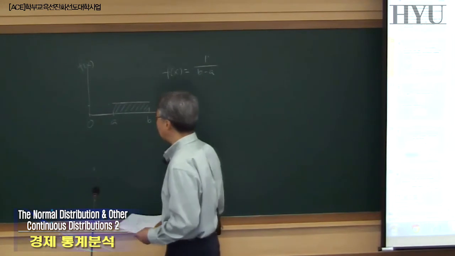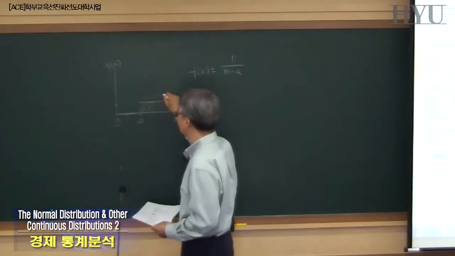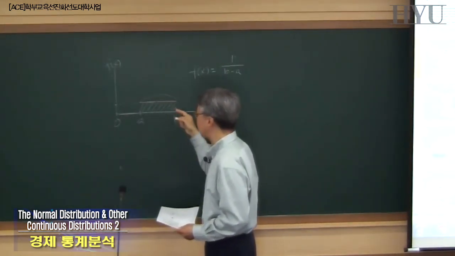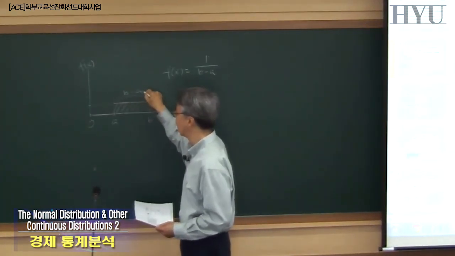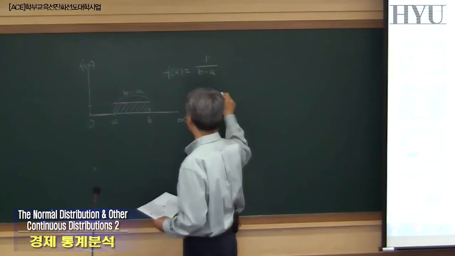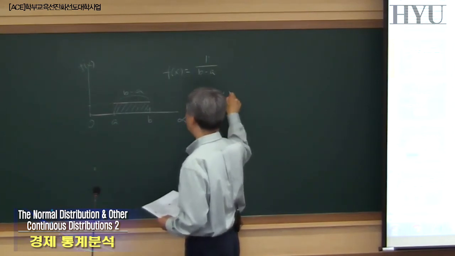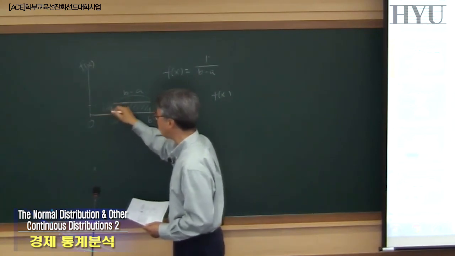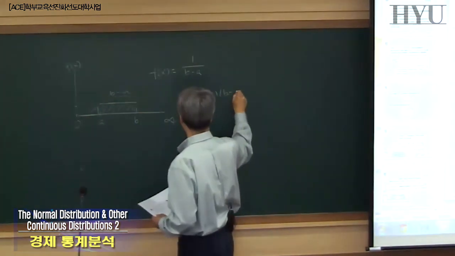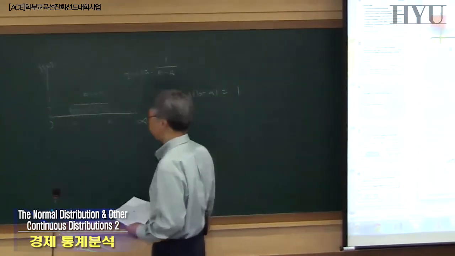So then we know this distance. What's the length of this line here? B minus A, right? So whatever f(x), this height is, times B minus A is equal to 1.